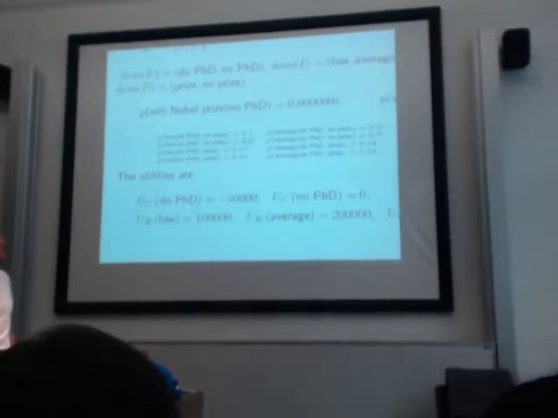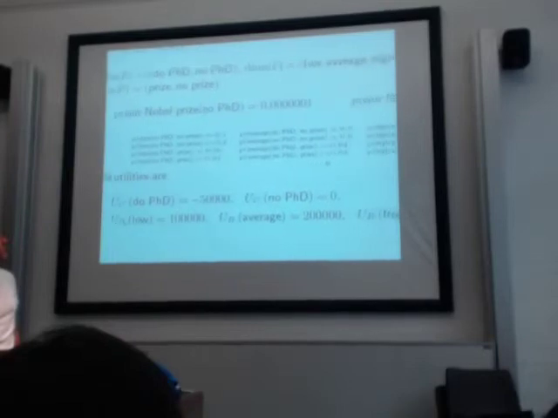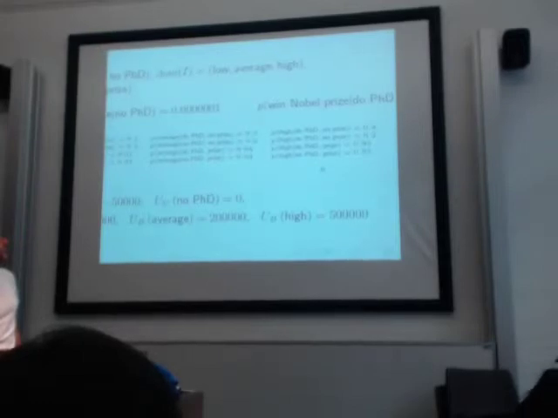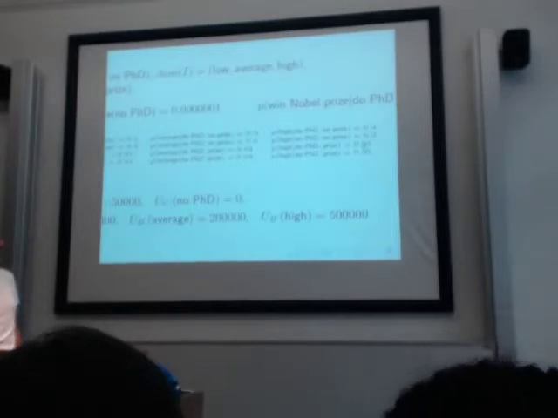Similarly, if you don't do a PhD and you don't win the prize, the probability you have an average income is quite high. Let's look at some other more exciting ones. Say you do a PhD and you win a prize, you have a very high chance of having a very high income, etc.